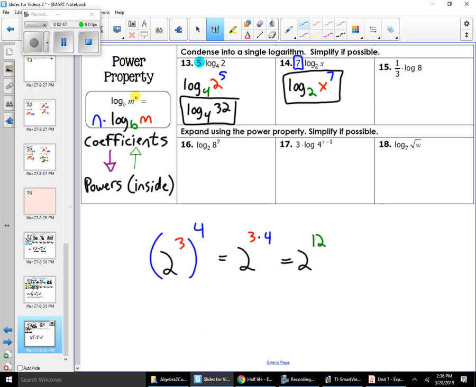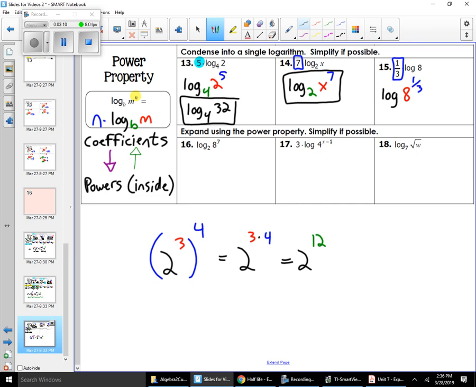Last but not least, jumping over to 15. 15, note we have a 1/3 on the outside, so that's going to become an exponent on the inside. So we have a log. Remember, if there's no base, that's a log base 10. So we have log base 10 of 8 to the 1/3 power.